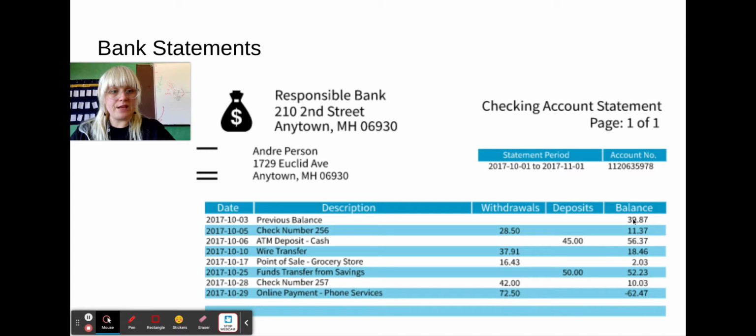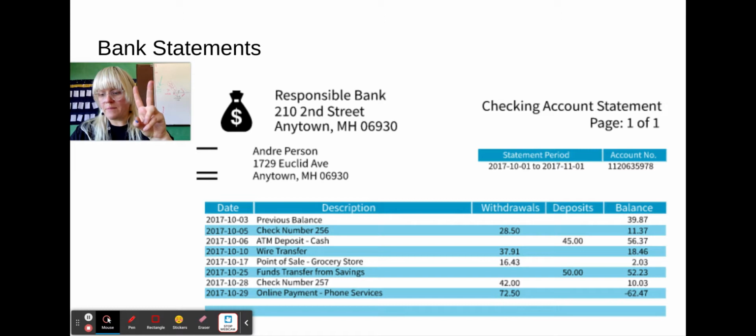So we had $39.87, but then we withdrew $28.50. So you could think of that as a negative $28.50. Sometimes all of these numbers are going to be written from withdrawals and deposits as positives, but in two different columns.